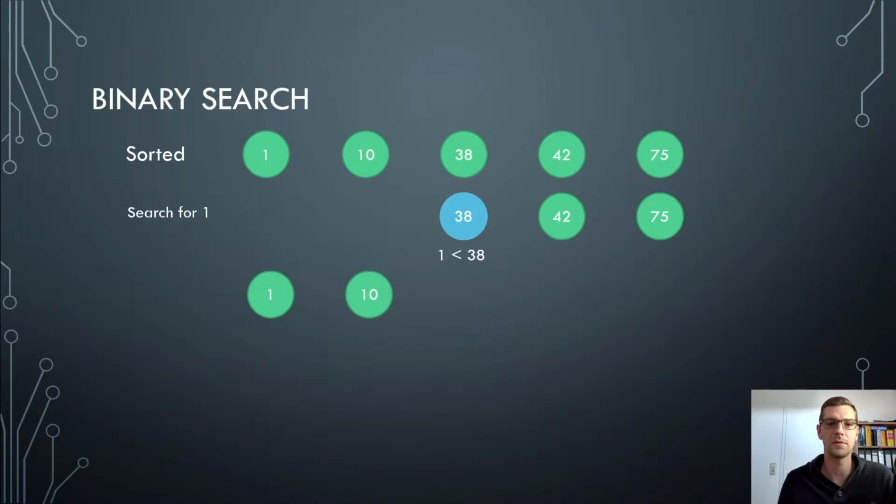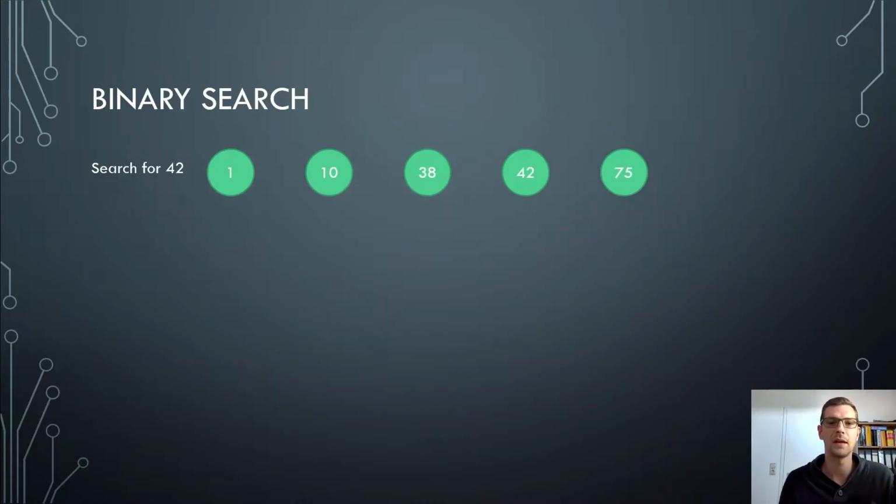There is no middle with two numbers, so we have to decide for one. In this case I decided for 10, so we see the 1 is smaller than 10, so we have to look on the left side of the 10, and there is just a singleton array, a singleton list, and that has to be our 1, or if it is not included in our array, then something else. But in this case, it works out fine. So we found our element and return our index 0.